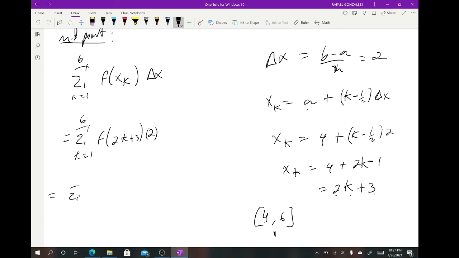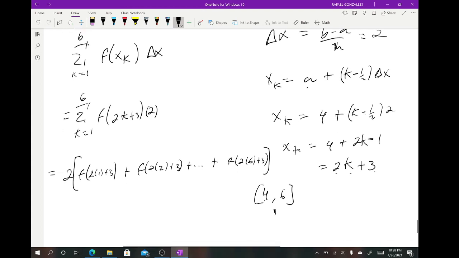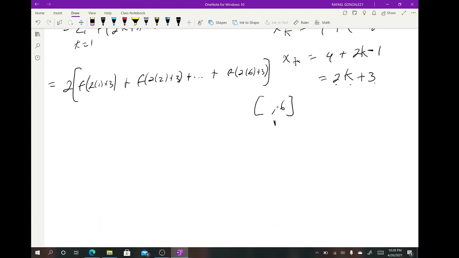So this is equal to 2 times f of 2 times 1 plus 3 plus f of 2 times 2 plus 3, and I'm just going to cut to the chase, plus f of 2 times 6 plus 3, because we'll see a pattern now.